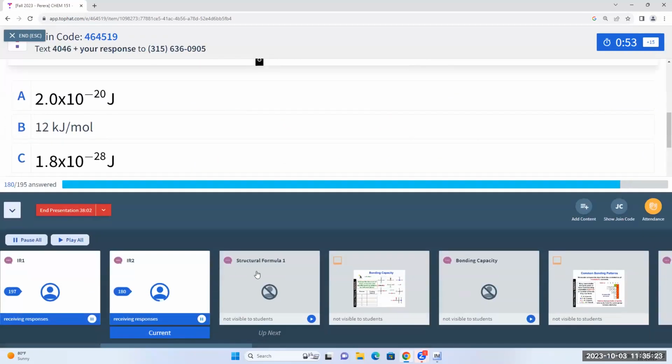But let's move on. Now, let's do some application with this IR spectroscopy. This is the way we use IR spectroscopy data. We are going to combine IR spectra with mass spectrometry and elemental analysis.